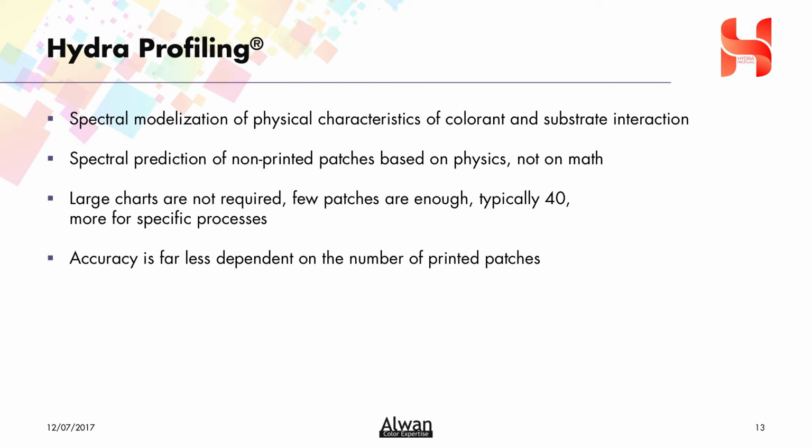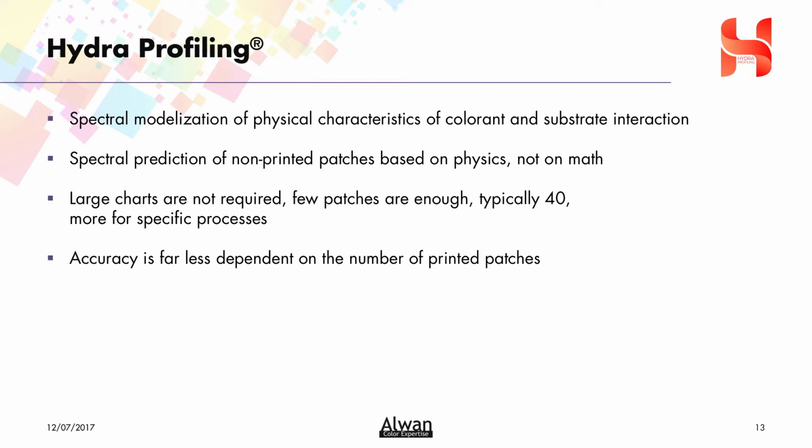So this is a completely new and completely different science than conventional profiling, because it is not based on calculating points using the nearby printed patches from the IT8. It is based on understanding the physical characteristic of your colorant and substrate, and from this physical modelization, predicting what this colorant would look like in color terms when it overprints another colorant that has been spectrally measured on a specific substrate.